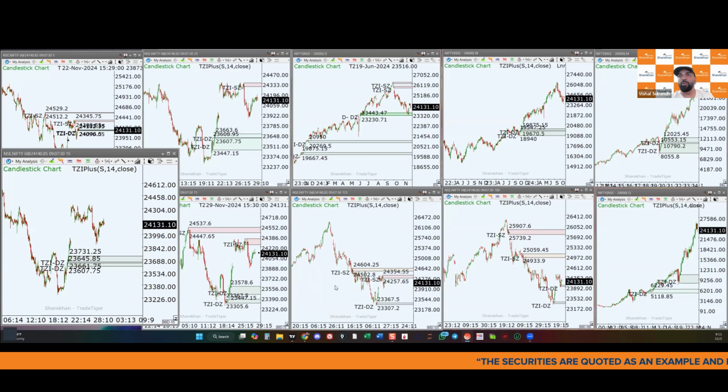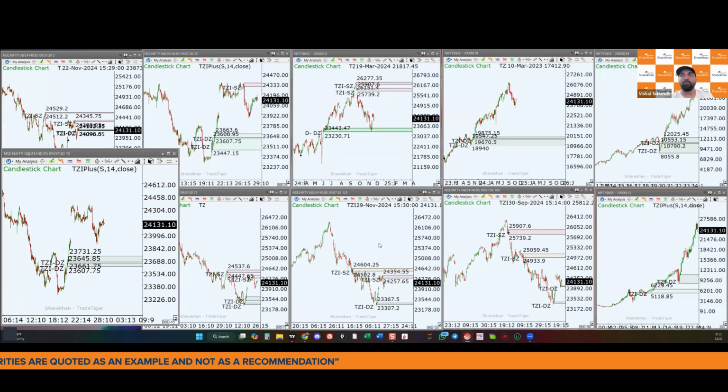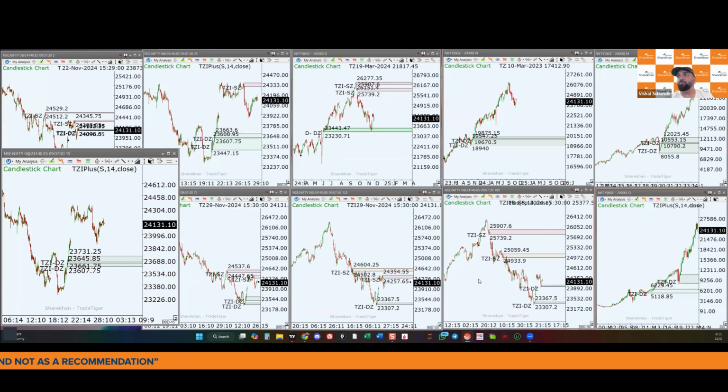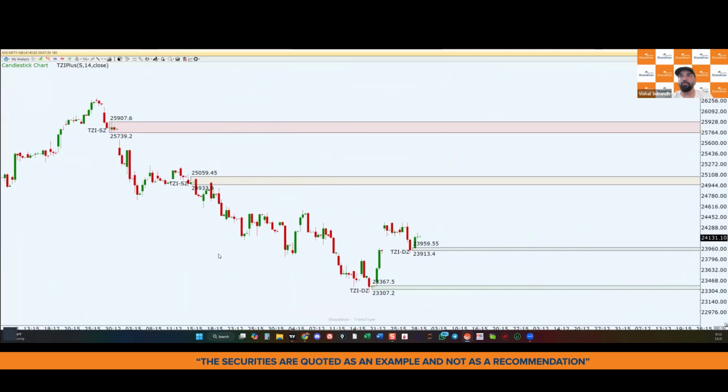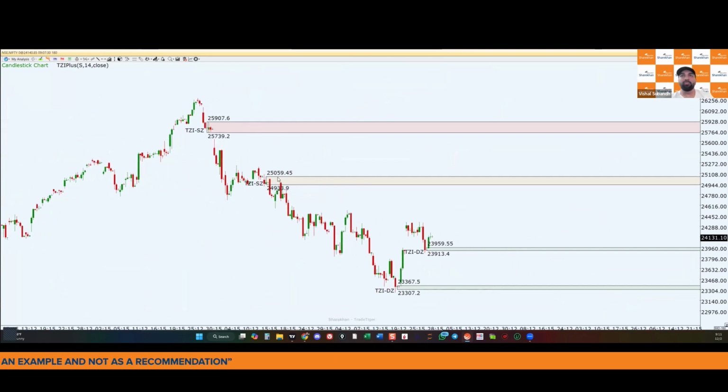Let's go to the 180-minute chart. On the 180-minute chart, we have this drop-based drop level, again, a tested level.